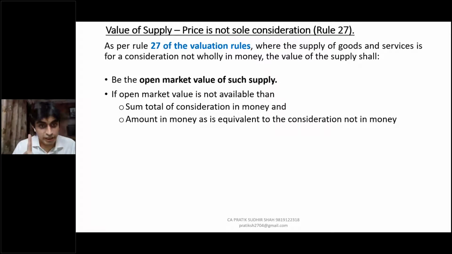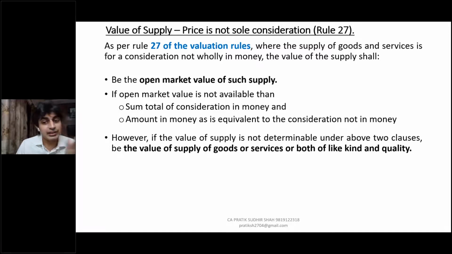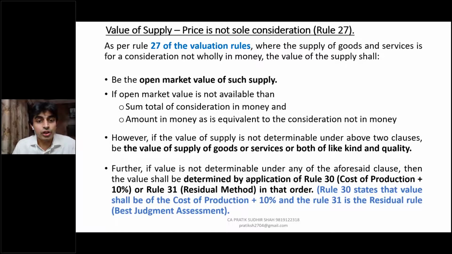Total of consideration in money plus consideration equivalent to money, that is, the money received plus the amount in money equivalent to the consideration. If that is also not available, then like kind and quality. And if that is also not available, then cost plus 10%.